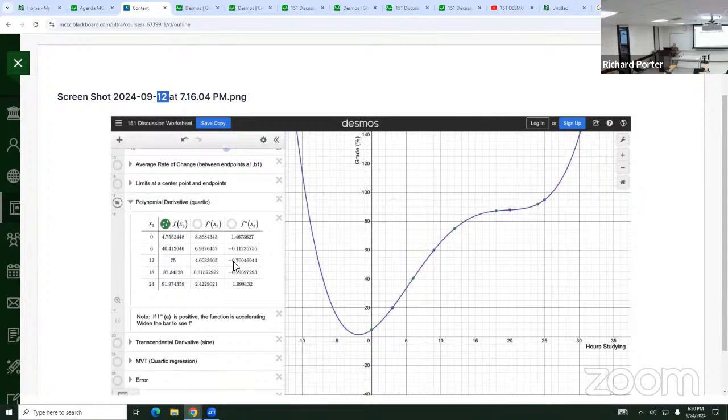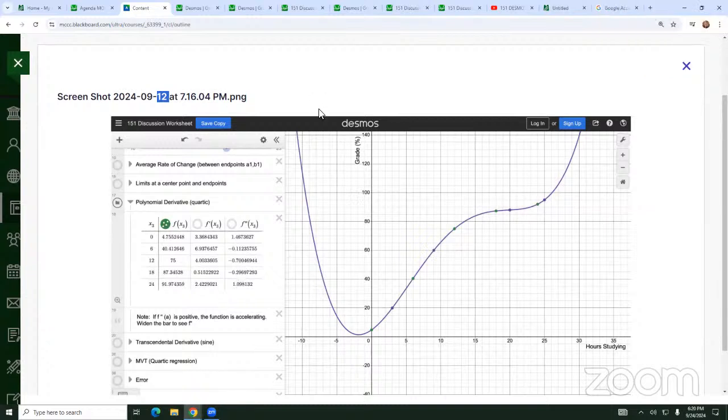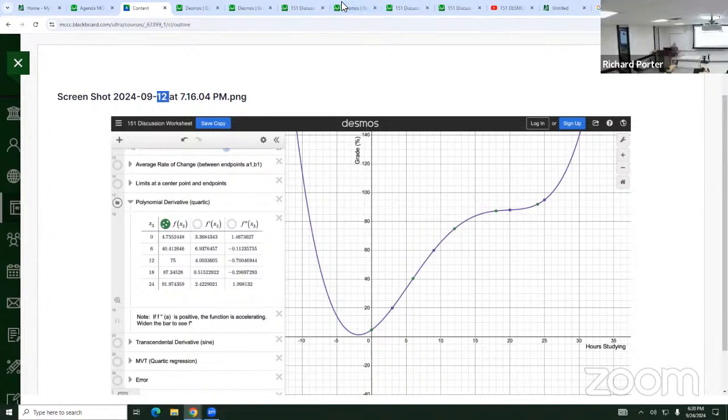And I want you to say it's decelerating. That's a negative. So it's decelerating by 0.7 per hour. Okay, I can fix that. Fix it up, but do you understand what I'm saying? At 12 hours, right here, the slope of the tangent line is about 4.